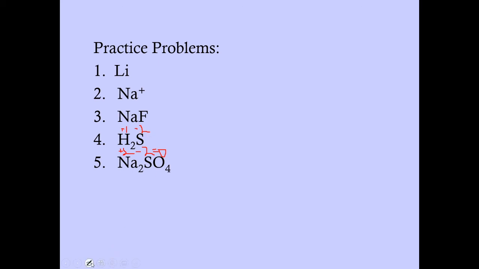Alright, let's look at the last one. I'm going to let you work on this. You can pause it, see if you can figure it out, and then we'll work on it together. So pause it now, see if you can work it out. Alright.